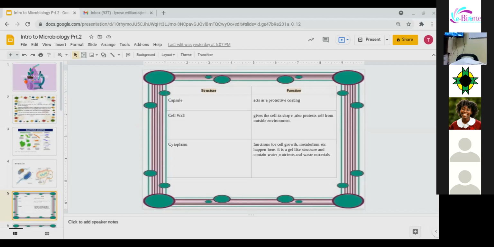Okay, very good. No, we don't have any rectangular. Yes, we can say circular too. Yes, very good. A plant cell is rectangular, but unfortunately a bacterial cell is not. We have rods and we have spheres.